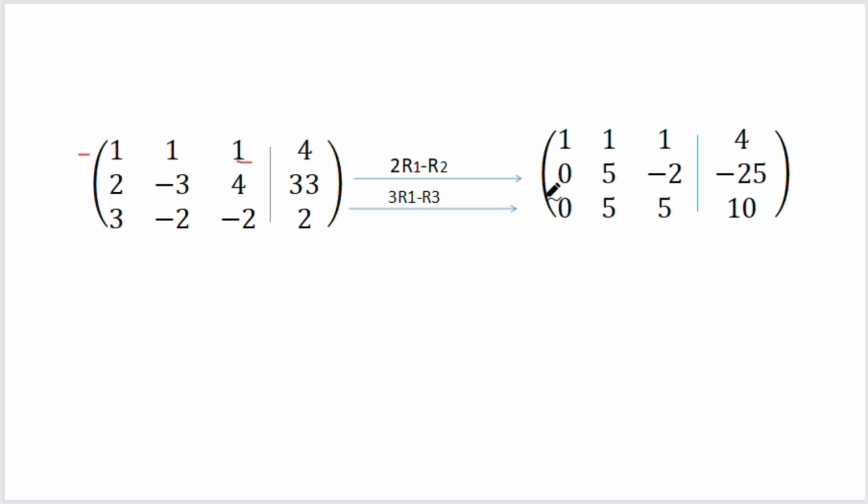Then 2 times 4 is 8, minus 33, I'll have negative 25. And so I go on, now I want to make the 3 a 0 in this case.